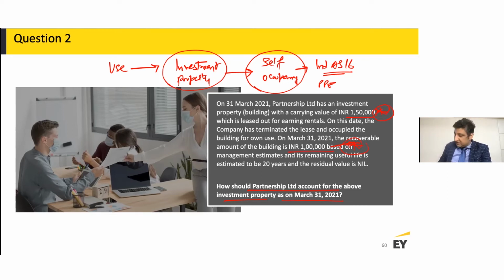And the moment we say the carrying value is greater than the recoverable amount, it is resulting into an impairment loss, right? So we need to account for that loss, and accordingly, we shall be doing the accounting on that basis. All right. So how do we do that?